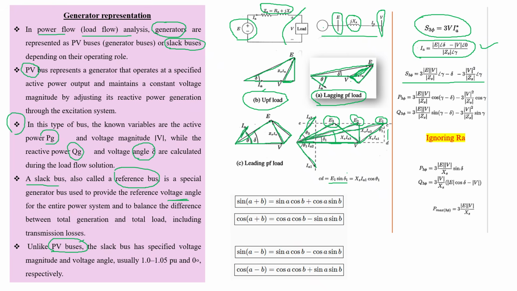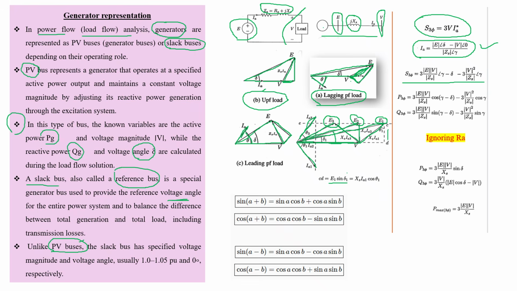In addition to that, we can decompose this equation into active and reactive parts. For decomposition, the cos part will be the active power and the sine part will be the reactive power.